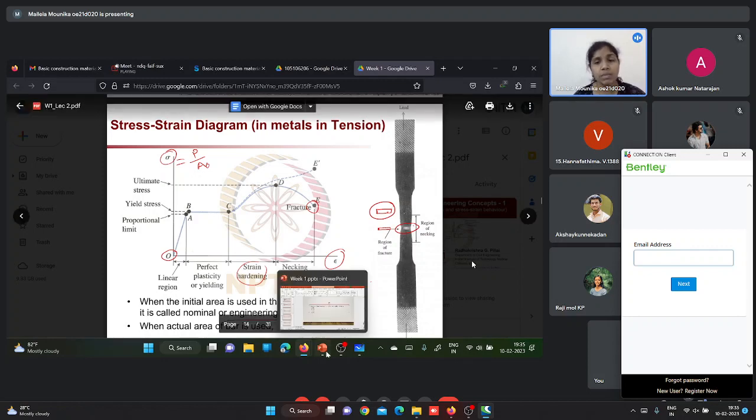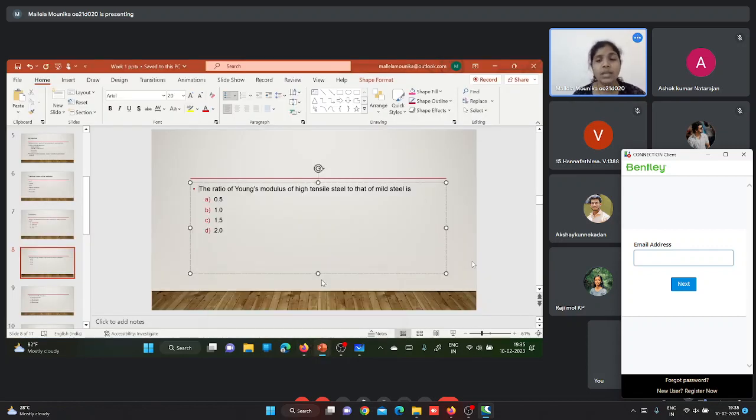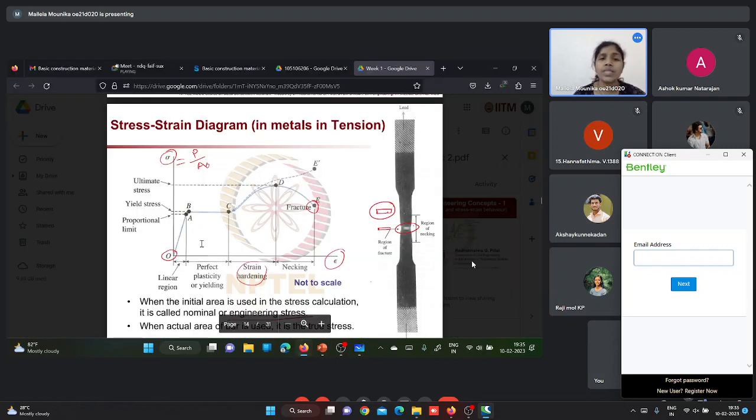But the question here pertains to the Young's modulus or the elastic modulus. This is the ratio which we have to see. This is the slope which we take in this elastic region. So for mild steel or for higher grade steel, this ratio is not going to change.